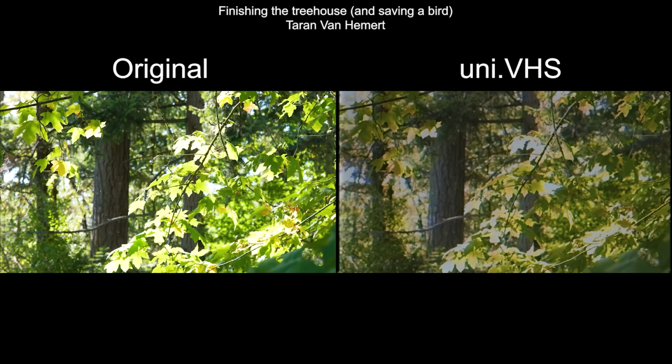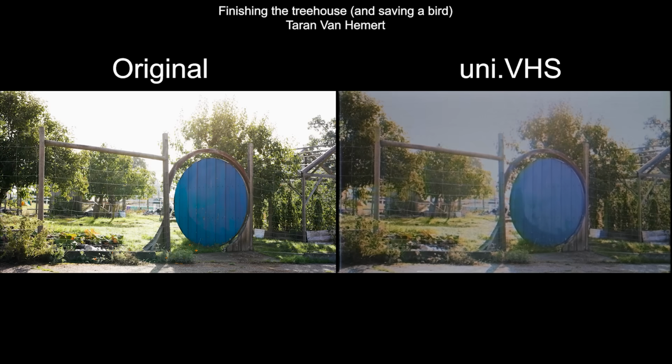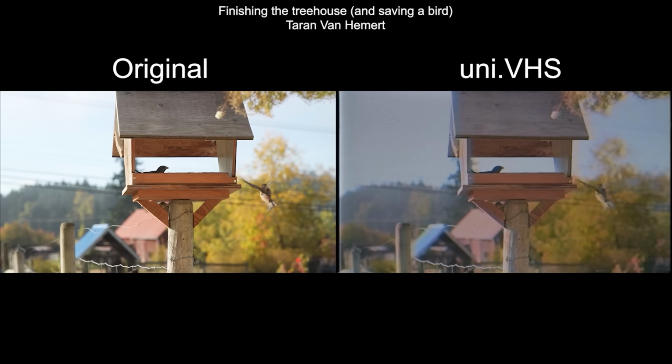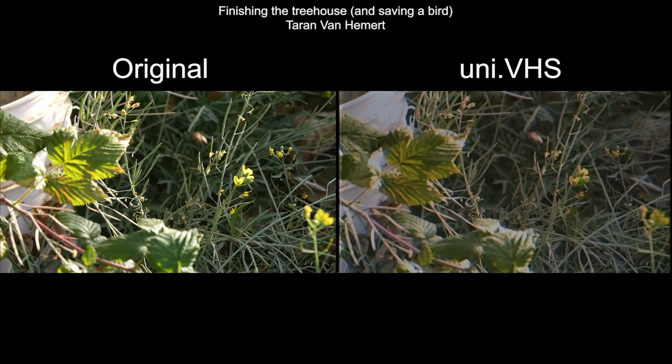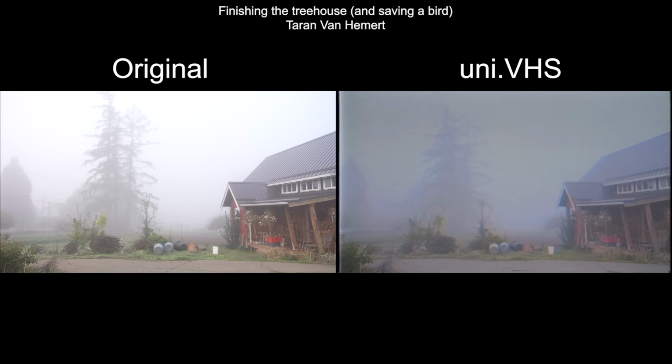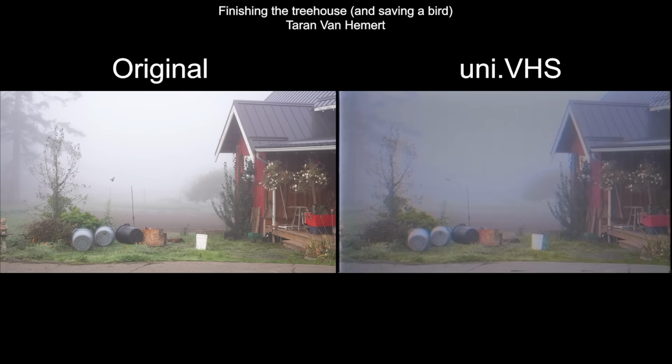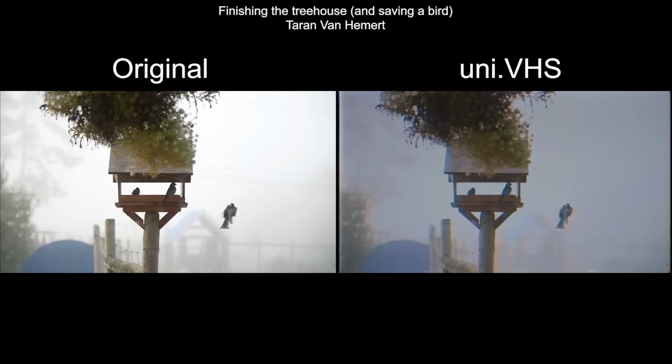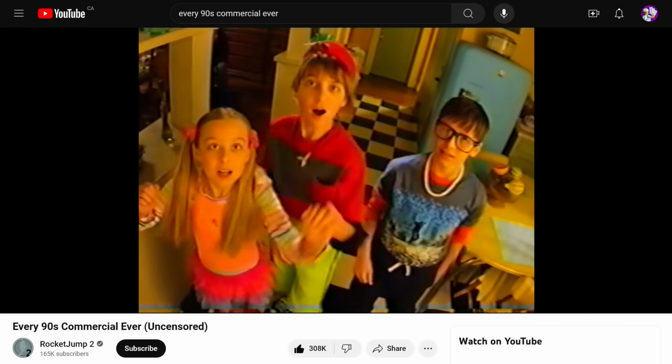You also get the uni.vhs effect, which is so good that I've seen more than one editor say it's the whole reason they keep paying for Maxon Universe. One of the only ways to get a better VHS effect than this would be to genuinely transfer your footage to and from a real VHS tape, which is exactly what Rocket Jump did for this fake 90s commercial.